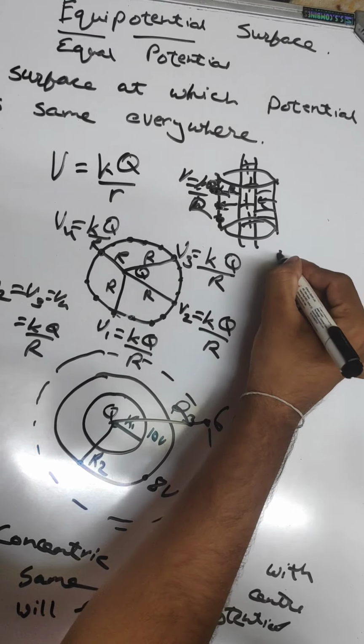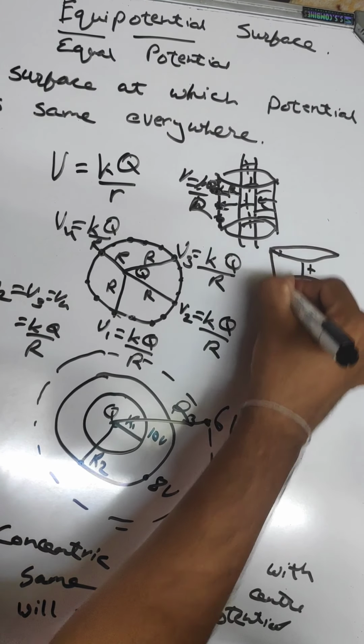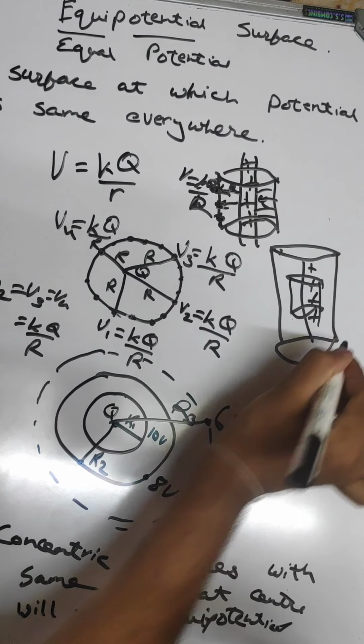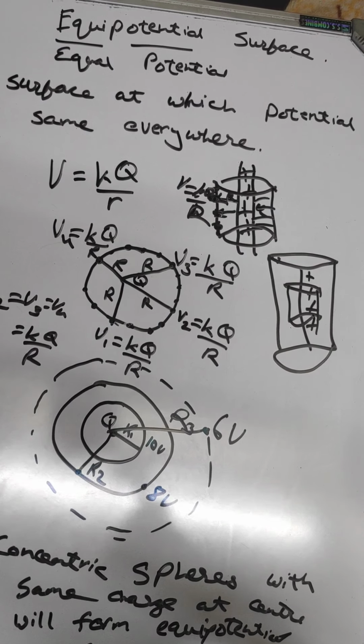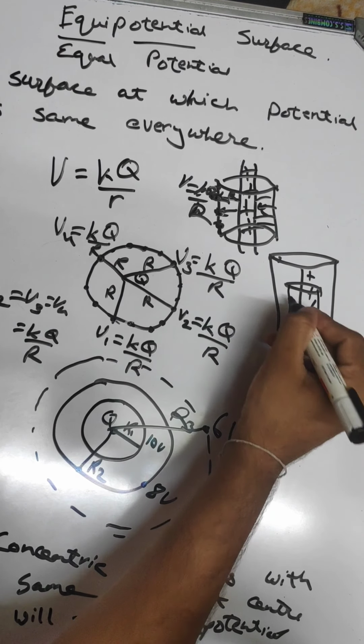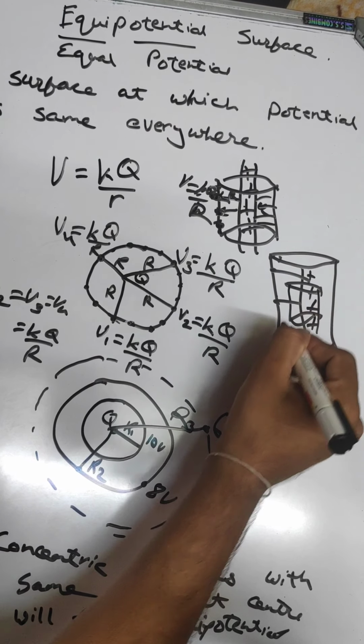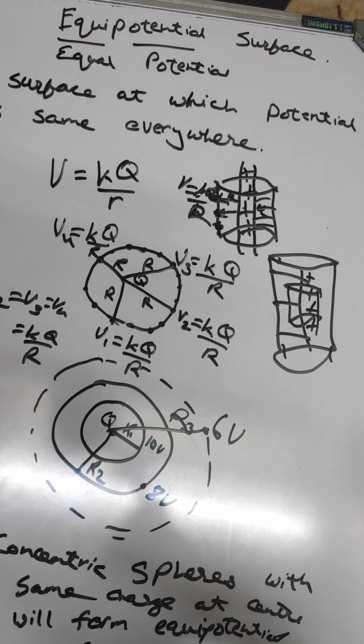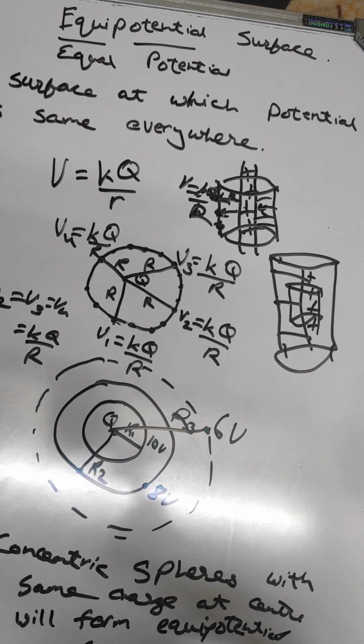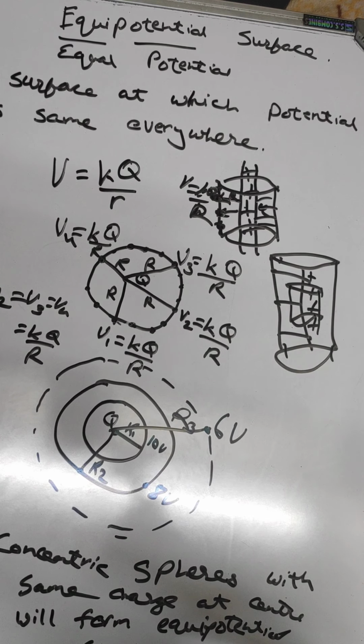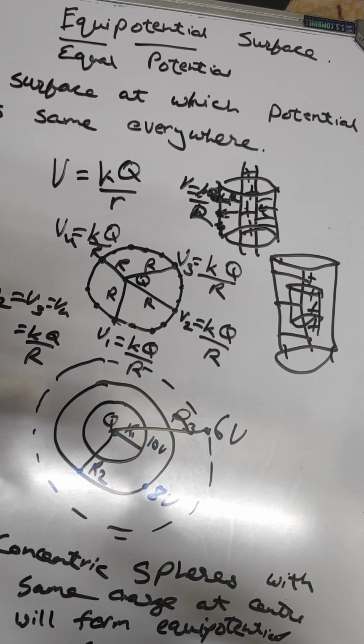Similarly, if I increase the size of the cylinder, this will also form an equipotential surface, because the radius will remain the same. So as it was in the sphere, the same can be in the cylinder also. All this makes an equipotential surface.